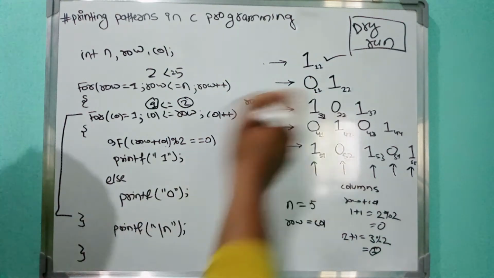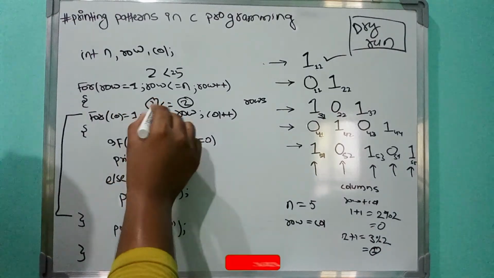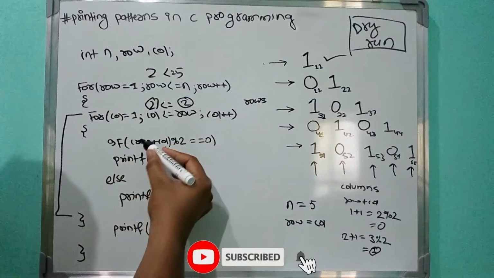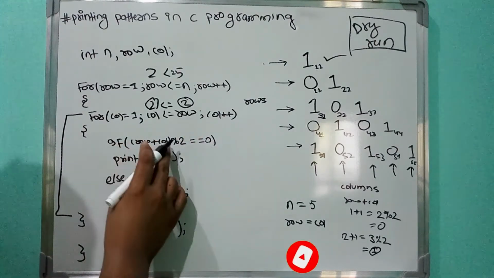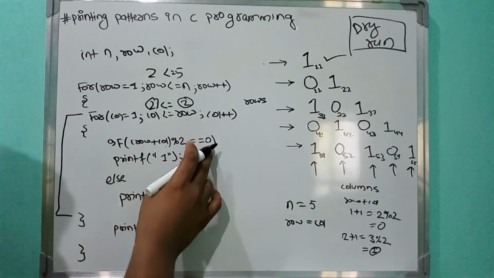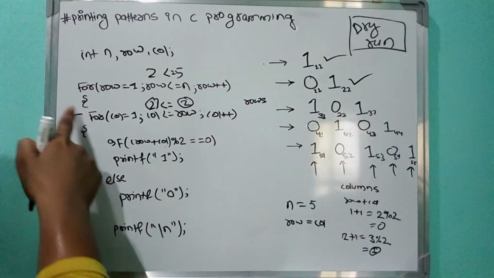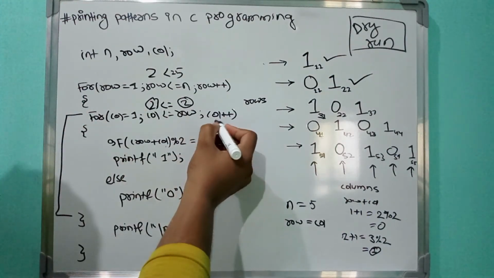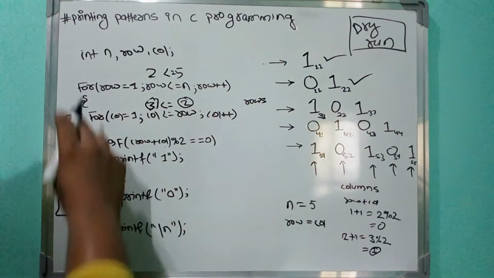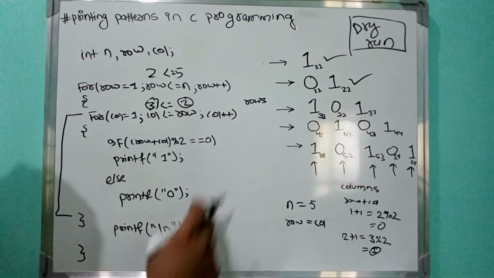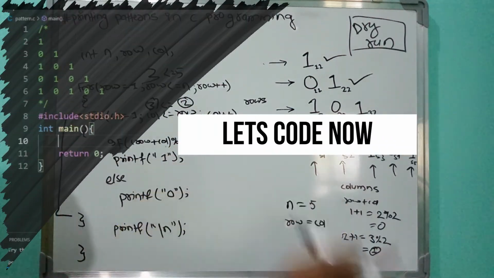Again column will be updated to 2, the condition holds true, then row plus column remainder 2, that is 2 plus 2 remainder 2 is equal to 0, the condition is true, so it will print 1. Then column is updated to 3, the condition is false and it will change the line, and again row will be increased, and so on. This will work.